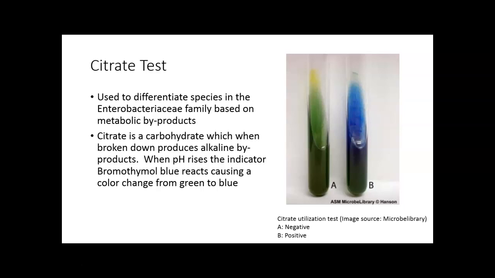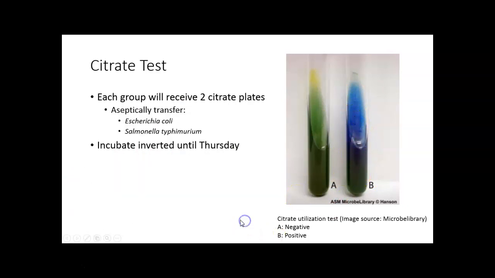So if citrate is able to be broken down via a fermentation process, then the pH indicator, which is bromothymol blue, will respond, changing the pH to a more alkaline color, and it'll move from a green to a blue color. So this side shows citrate negative, and this side shows citrate positive bacteria.